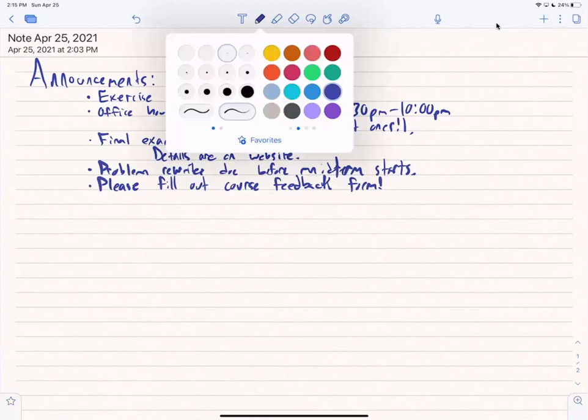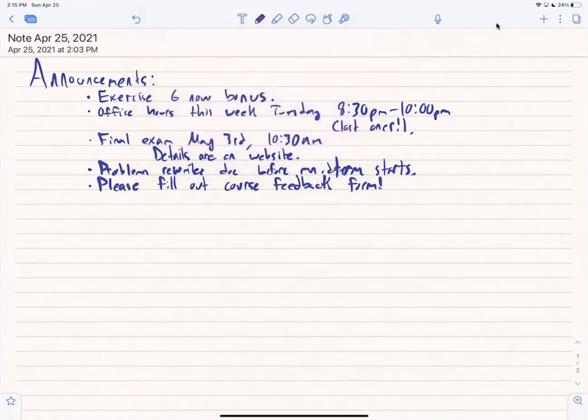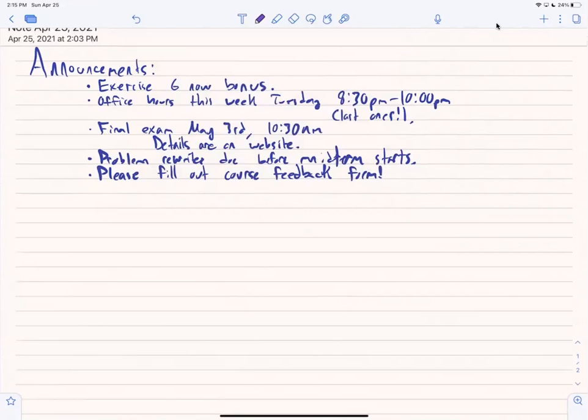Let's get started with class. So let me recall the theorem we're trying to prove. This is the main theorem of character theory.